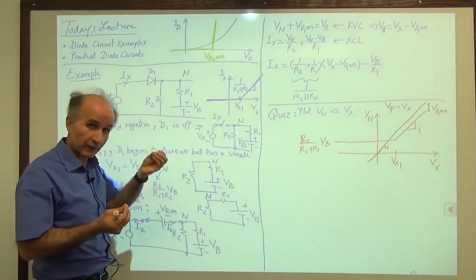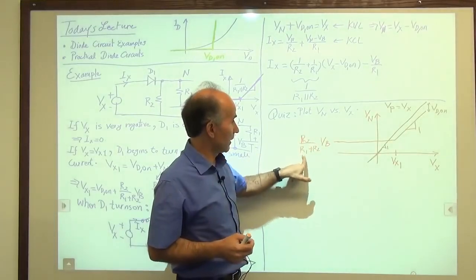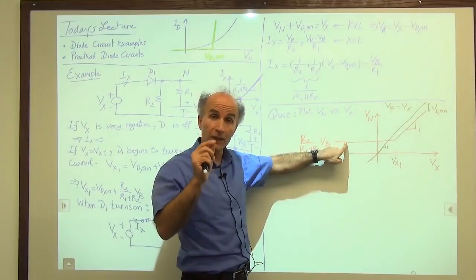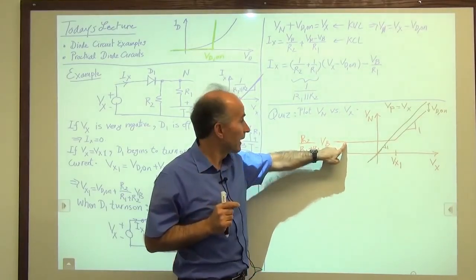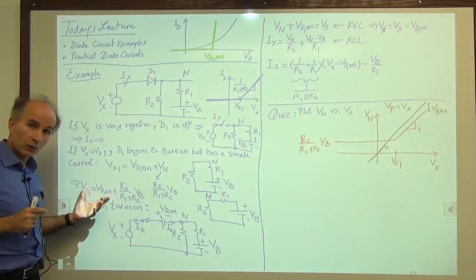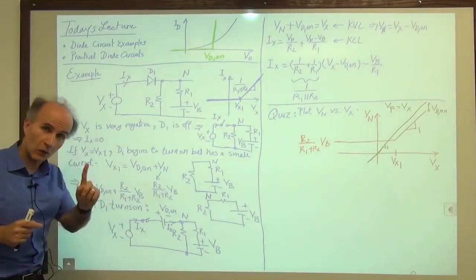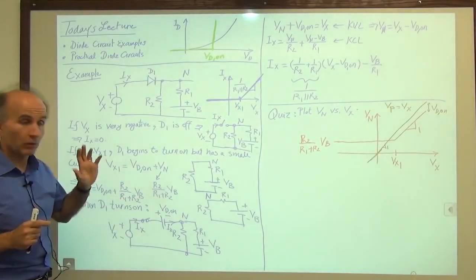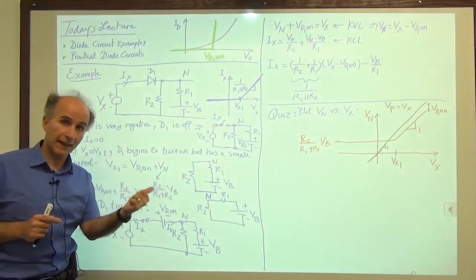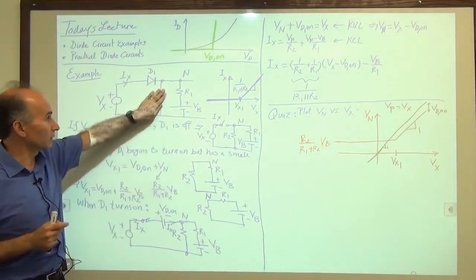It becomes an open circuit. So if R2 goes to infinity, what happens? This goes to 1. So this constant value is Vb. That's what we found in the previous example last time. And then Vx1, as you can see here, becomes equal to Vd on plus Vb. And that's also what we found out last time. So it's not surprising that this characteristic reduces to the previous example's characteristic if R2 goes to infinity, meaning if R2 goes away.